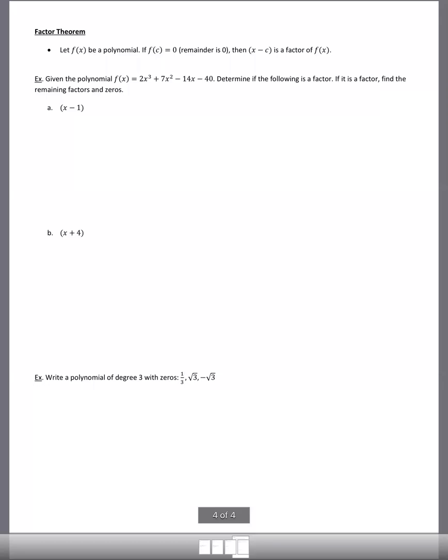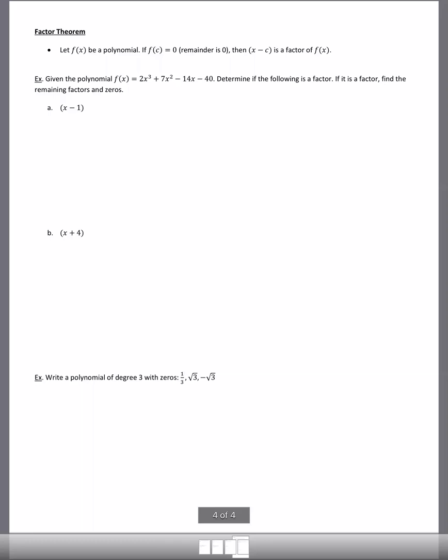Okay, so here is the second part of section 3.3, and we're going to look at what the factor theorem tells us here. We've just looked at the remainder theorem, and the remainder theorem said that the remainder in synthetic division, that value, is going to be the same value as if you evaluated the original function at the same value that you used in synthetic division.